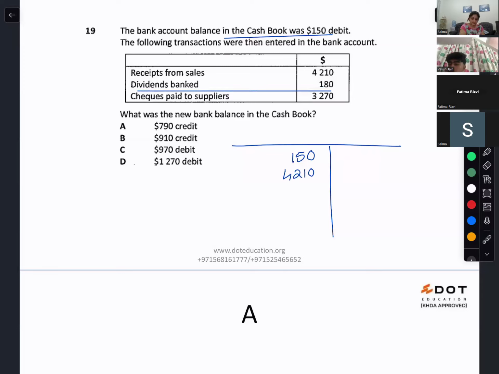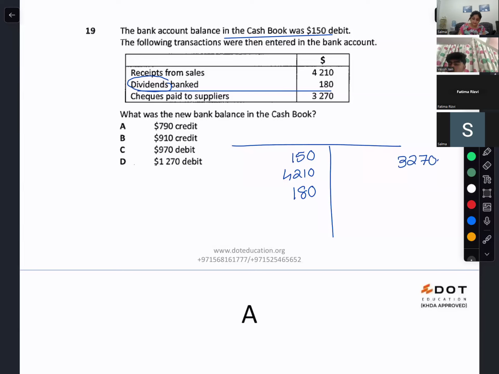Miss, I'm not sure. Dividend banked. Dividend is money that you receive from a company. Dividend banked means you put it into the bank, so it'll be debited. And checks paid to supplier will be credited, money going out.